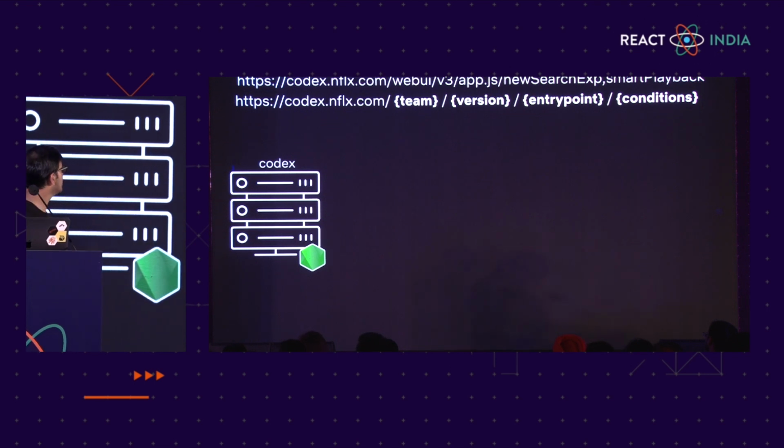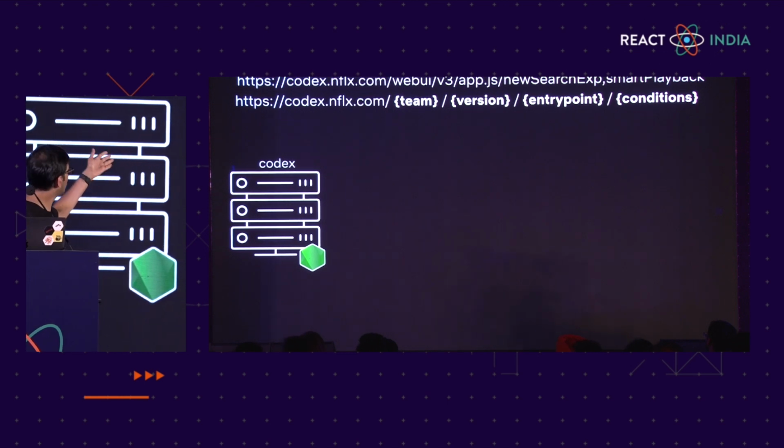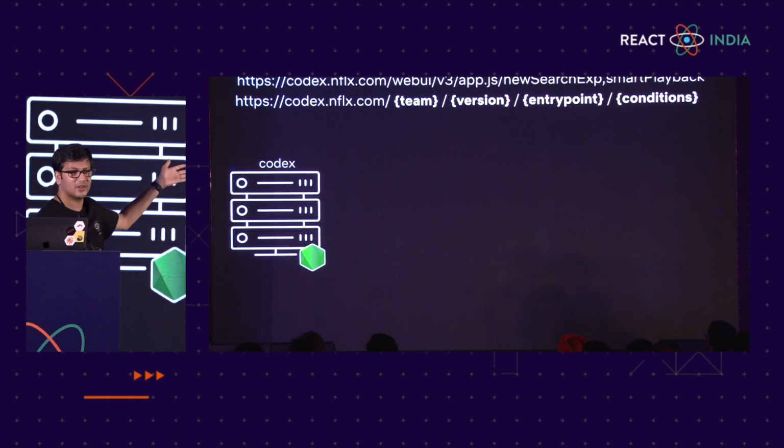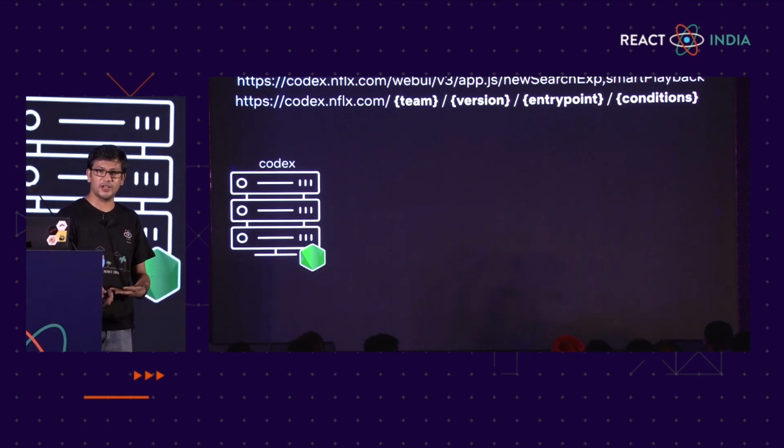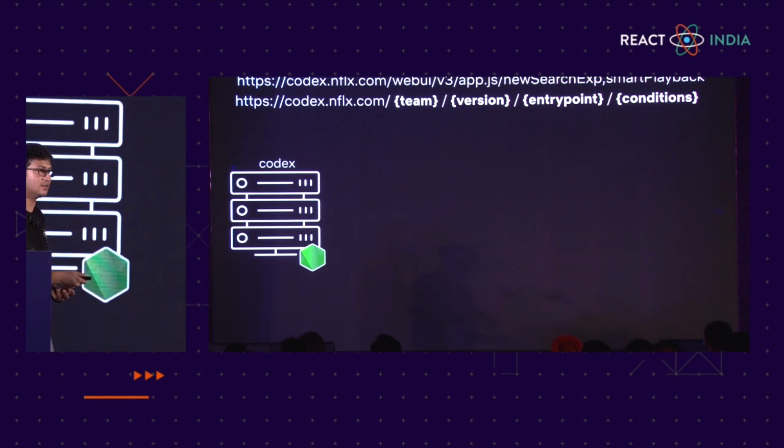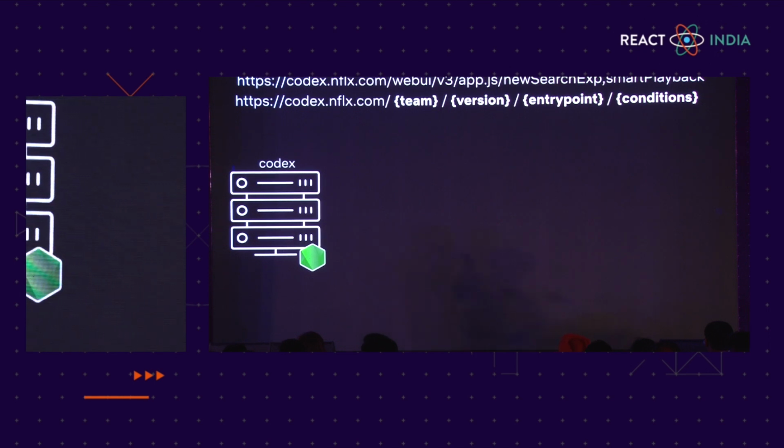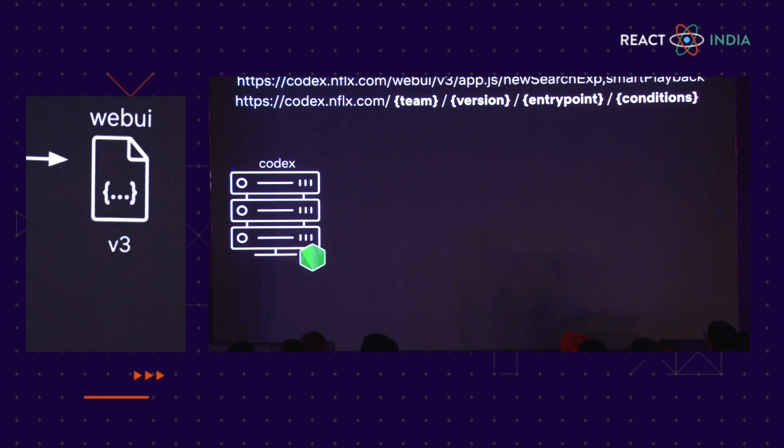If you take a look at the URL, it's actually templatized. So it knows which Teams app we are talking about, which version of the app, and what should be the entry point from where it should start resolving the dependency graph. And at the end, you have comma separated values of the conditions that you can unlock. So if somebody falls in 50 A/B tests, those are just encoded and sent back to Codex, right? So this URL is basically self-sufficient.